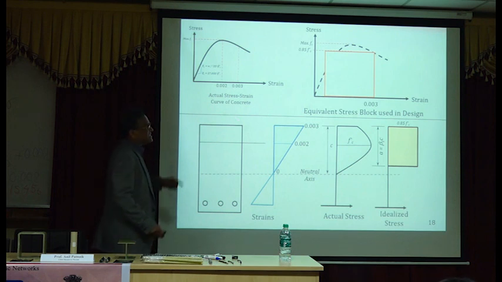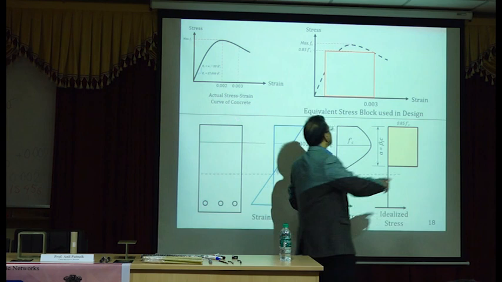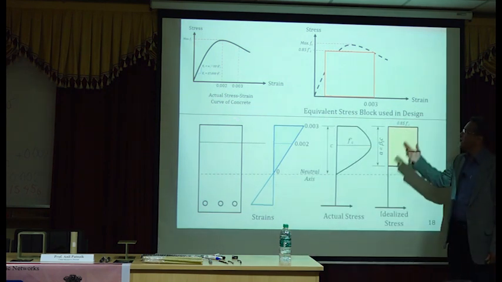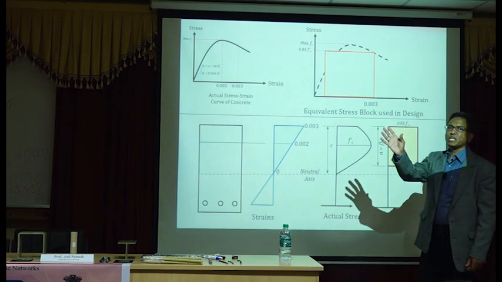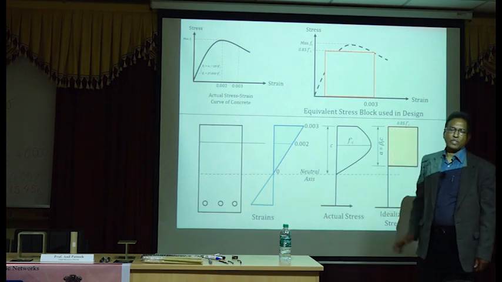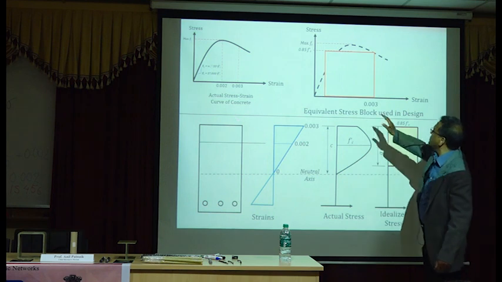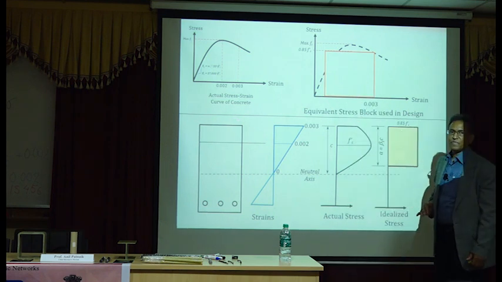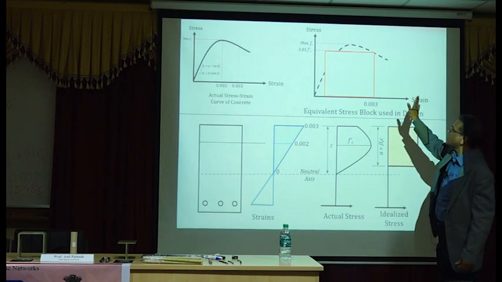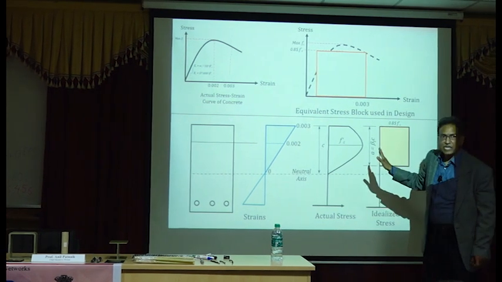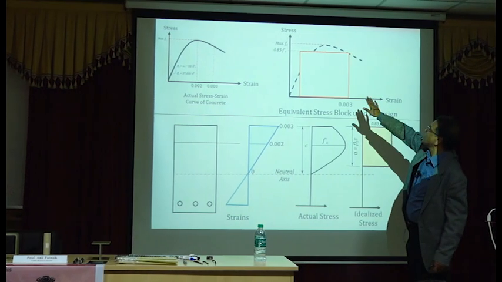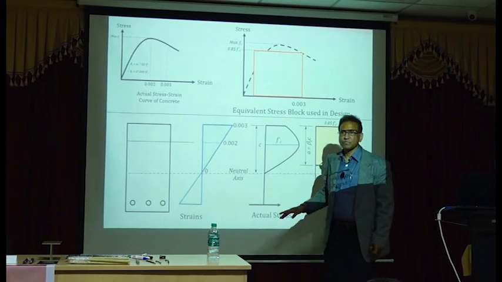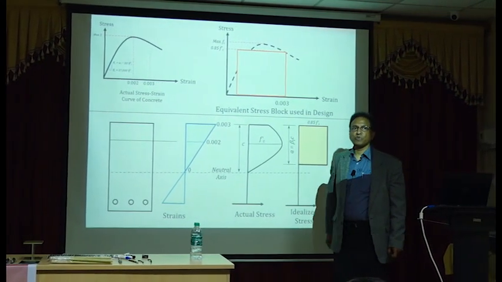What we will do is the ACI simplifies the stress diagram to be a rectangular stress diagram, because a rectangular stress diagram with a rectangular section is so simple to work with. And even if you use the most complicated stress strain curve and find out the moment strength and compare it with this rectangular stress block, the difference is less than 1%.